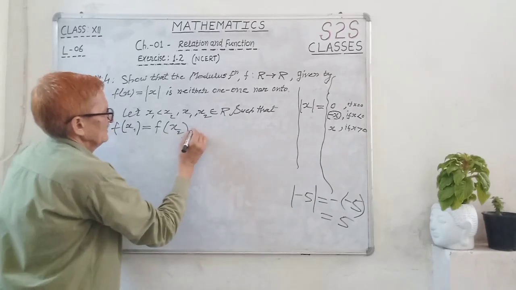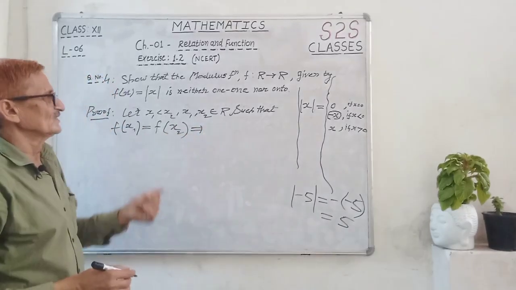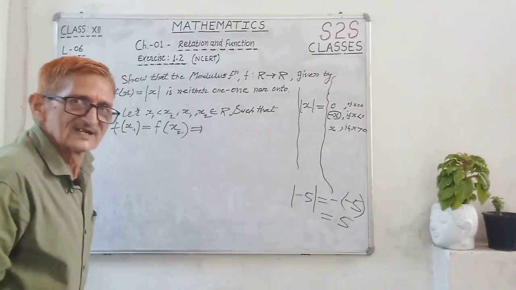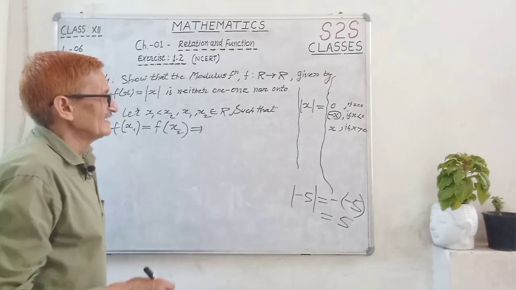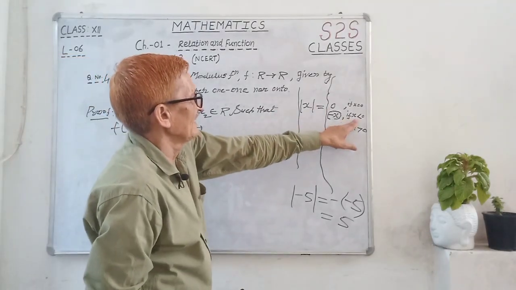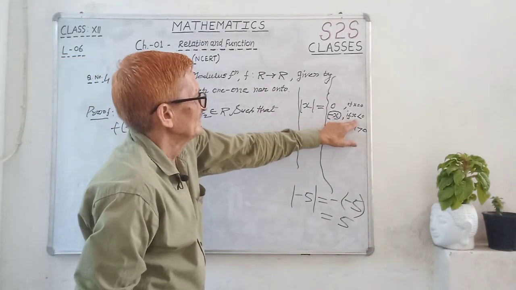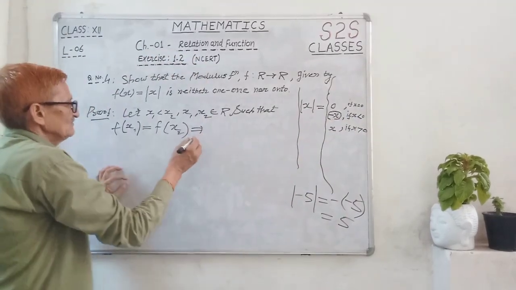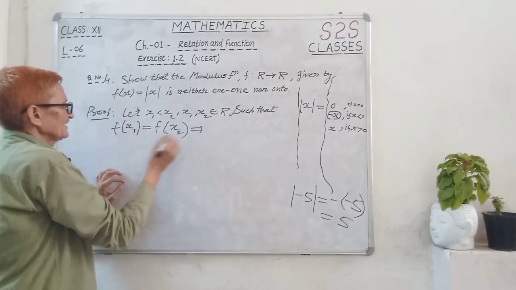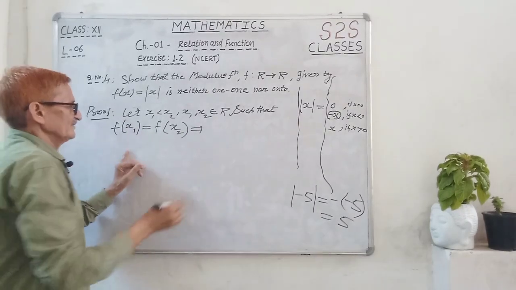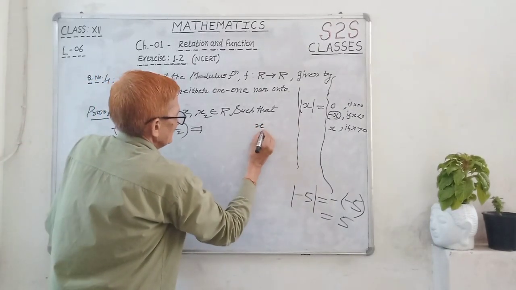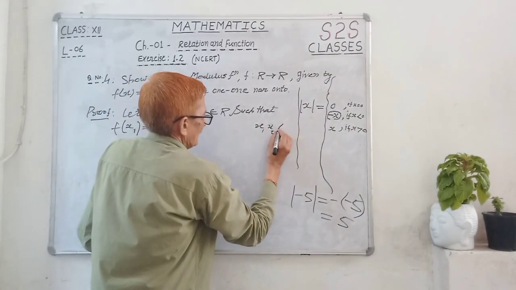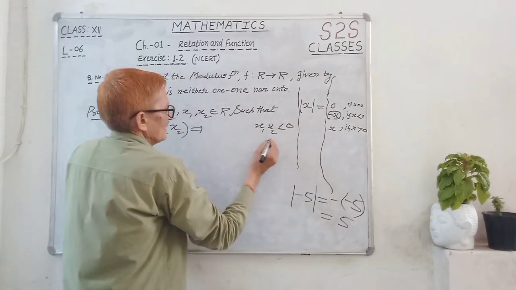If these are equal, where x1 and x2 are any different real numbers, so I am taking them less than 0: if x1 and x2 are both negative, both less than 0, any negative real number.